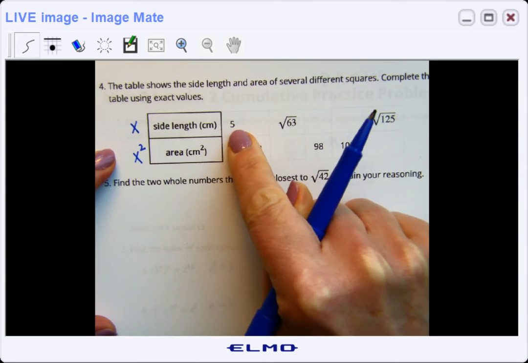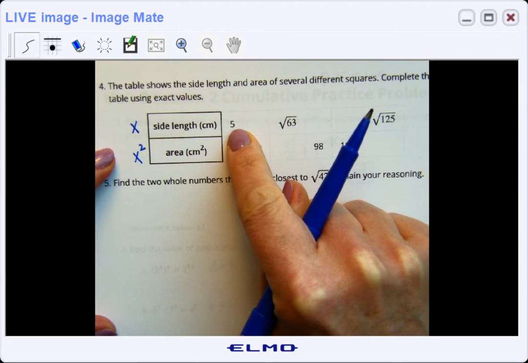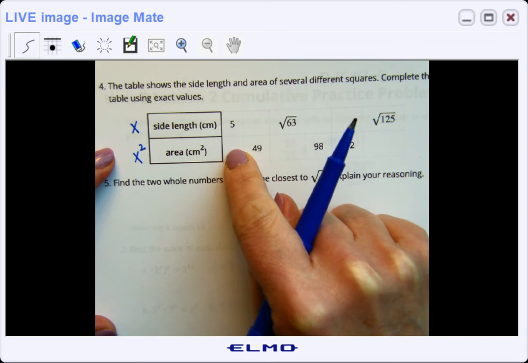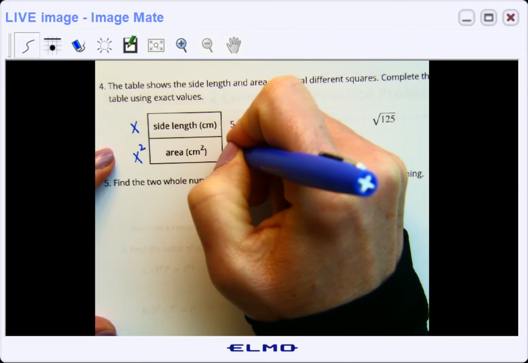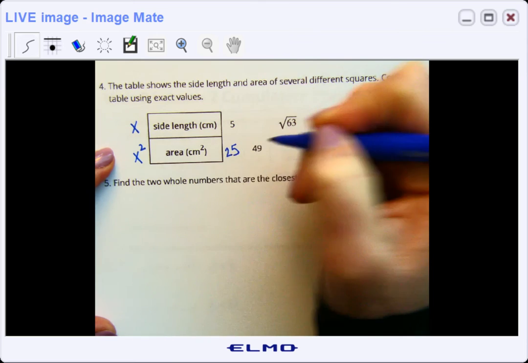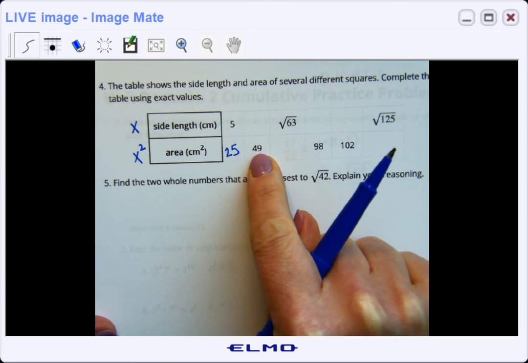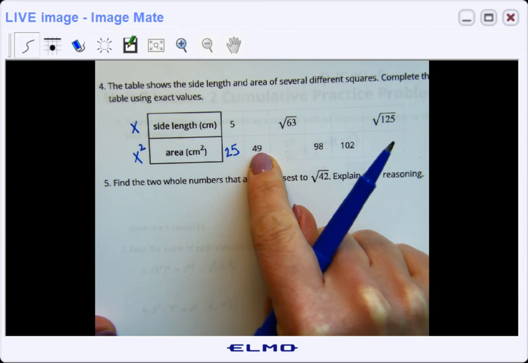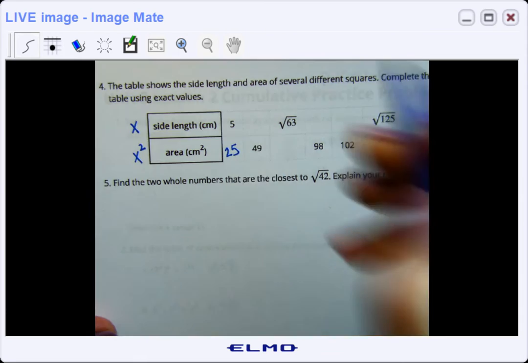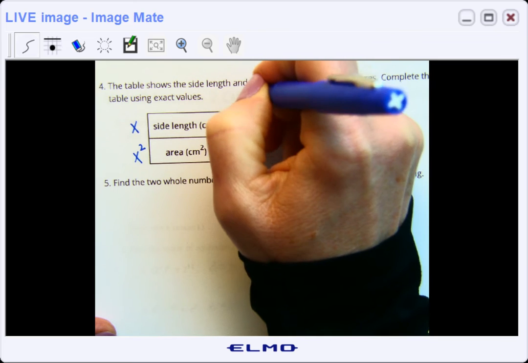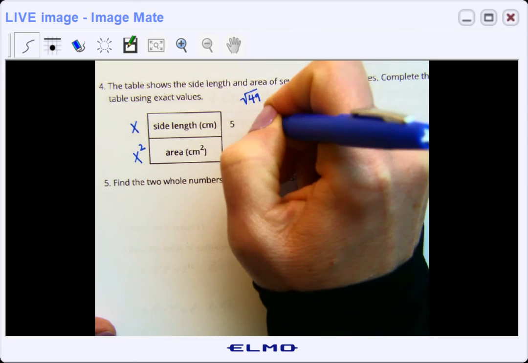And so if I have a side length of 5, then the area is 5 squared, which is 25. And then for the second one, if the area is 49, then the length of the side is going to be the square root of 49, which is 7.